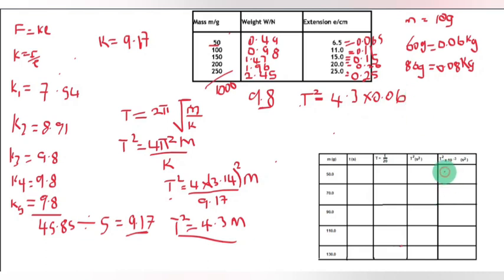So I'll fill that in here, and that is 0.258. Okay, so to get t here, I'll take the square root of this. On taking the square root of this, I'm going to have 0.508.